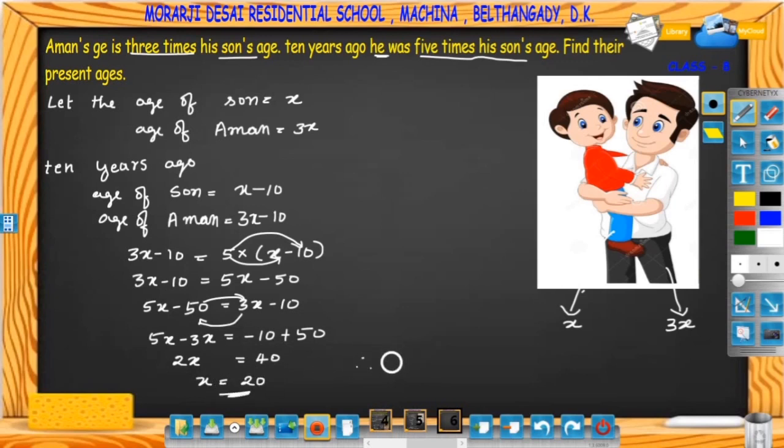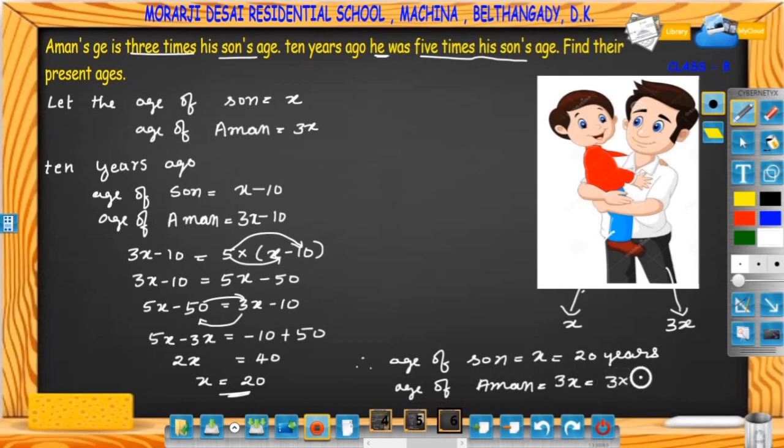Therefore, age of son is equal to x, that is 20 years. Age of Aman is equal to 3x, that is 3 into 20 is equal to 60 years.